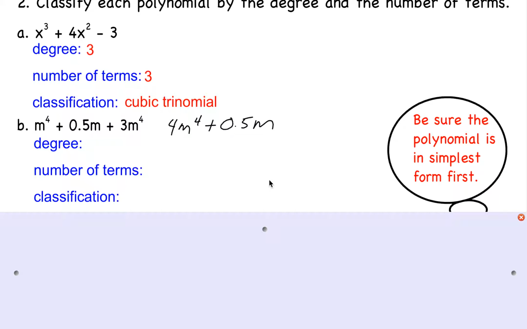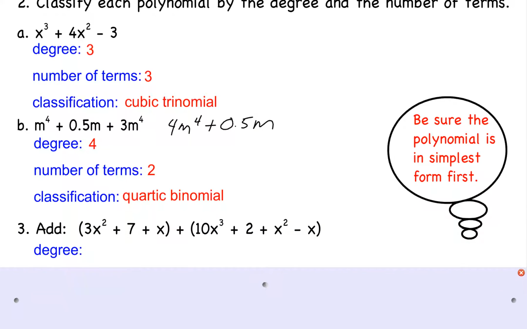Be sure it's in simplest form before you start labeling it. So the highest degree then on this polynomial is 4. It's the highest exponent. The number of terms turns out to be 2. So to classify this thing, we would call it a quartic binomial. 2 terms, and it's degree 4.